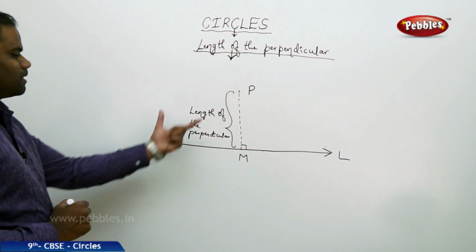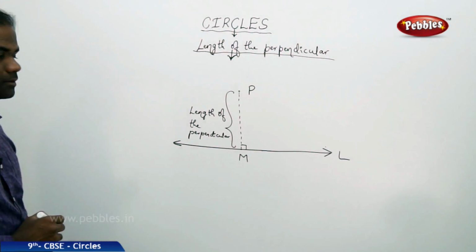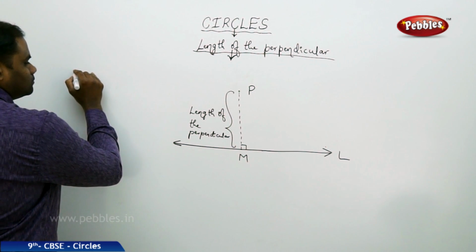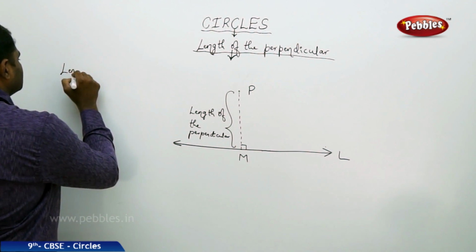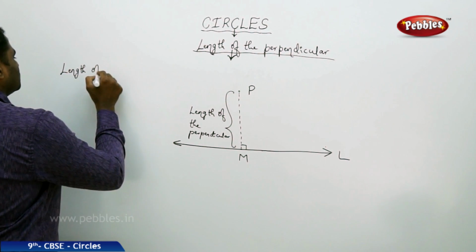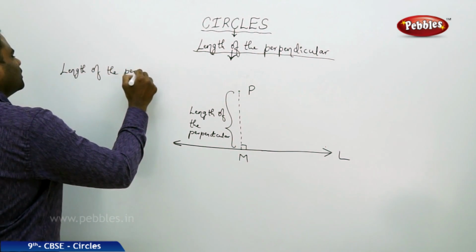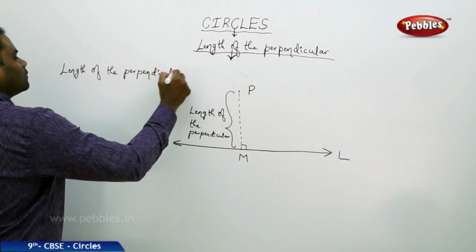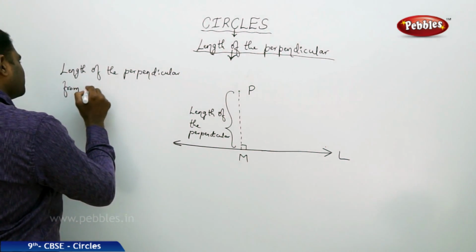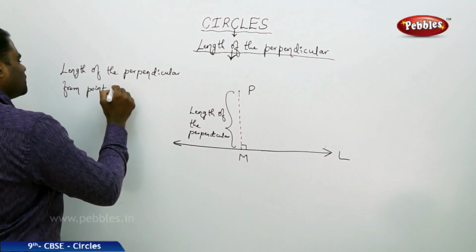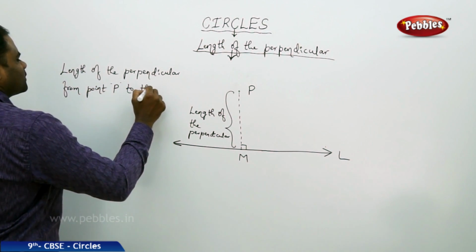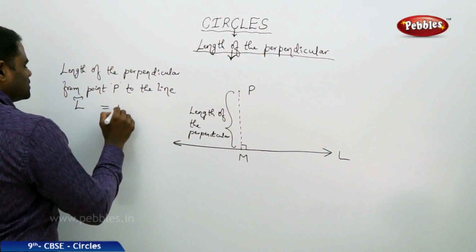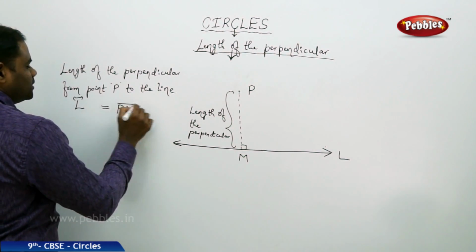So here I have clearly the perpendicular distance, which is defined as the length of the perpendicular from point P to the line L, which is nothing but the distance PM.